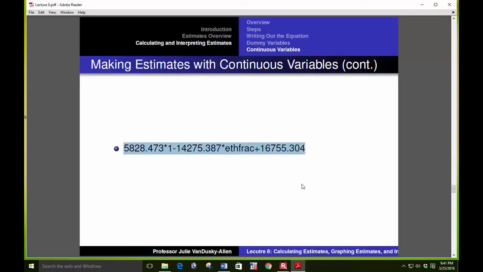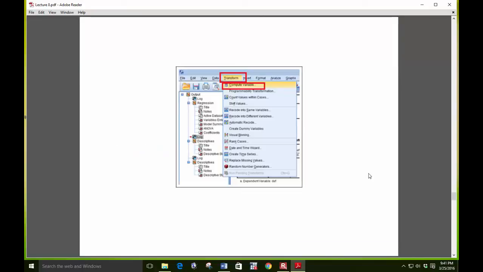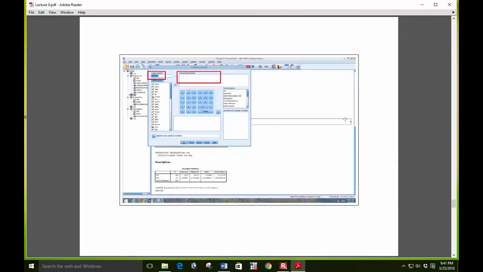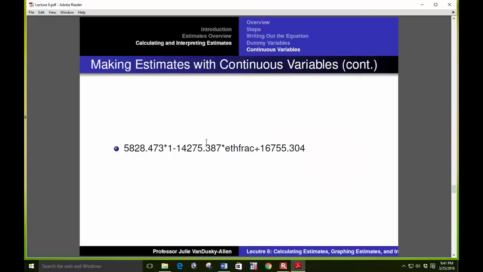Now it's time to enter this equation into SPSS. You click Transform, Compute. You put your equation in the numeric expression box. Note that you should have no spaces in this equation.